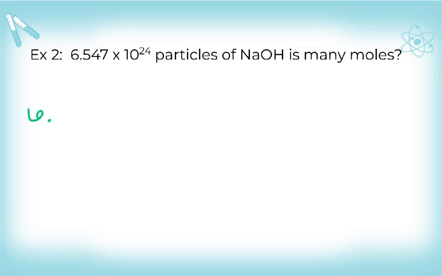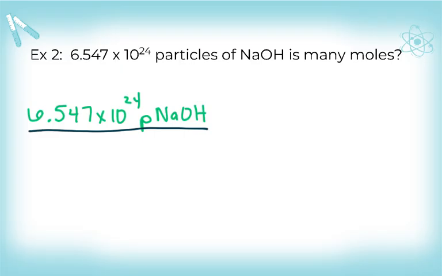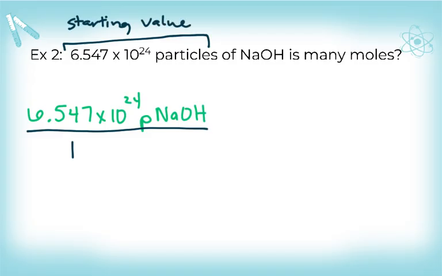We've got 6.547 times 10 to the 24th particles of NaOH as my starting value. So I have to write that down so that I have a number to then change the units of.